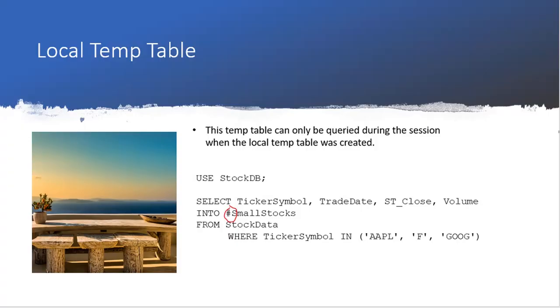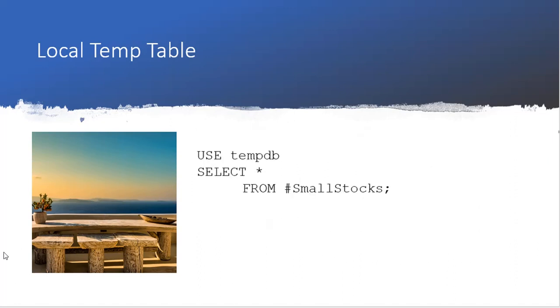Now, a local temp table means that it's available for use only in the current session. It's local because there's a single hashtag in front of the table name. When you disconnect or end a session, then the local temp table is removed. Once we've defined it, this one's called small stocks. We can query hashtag small stocks.